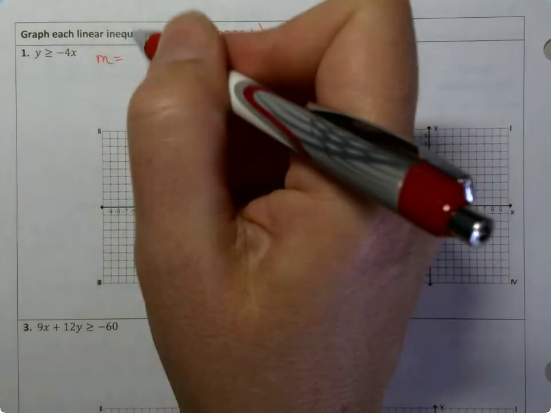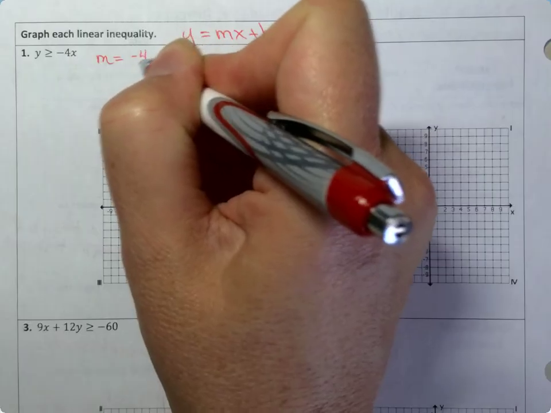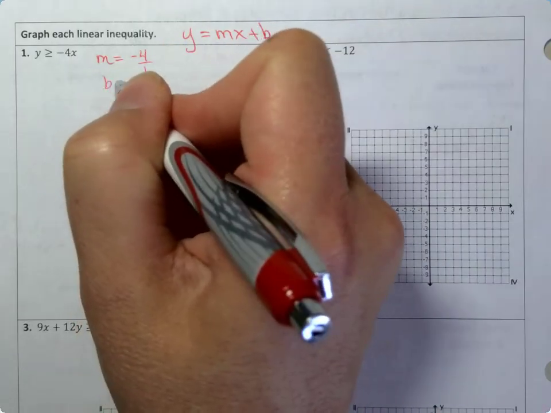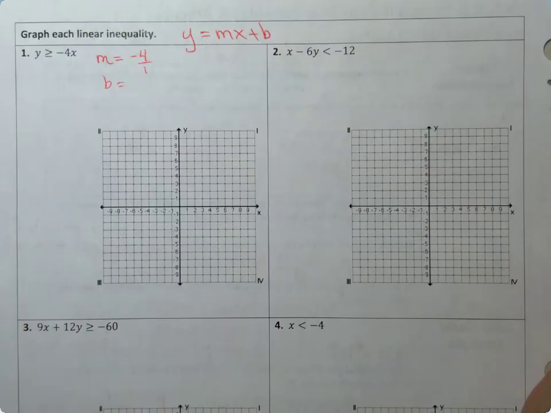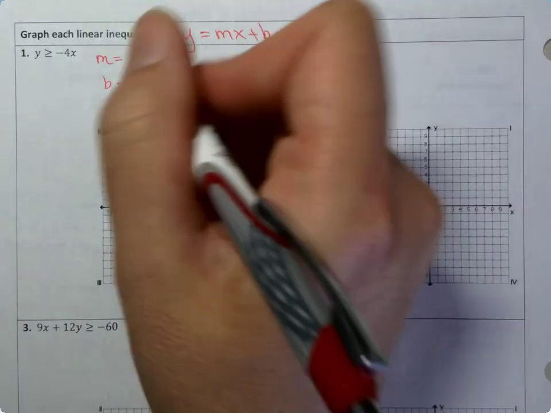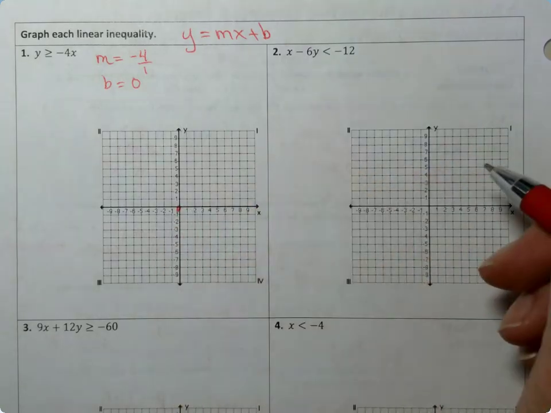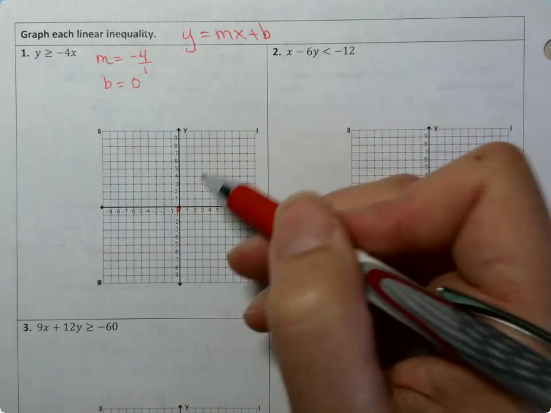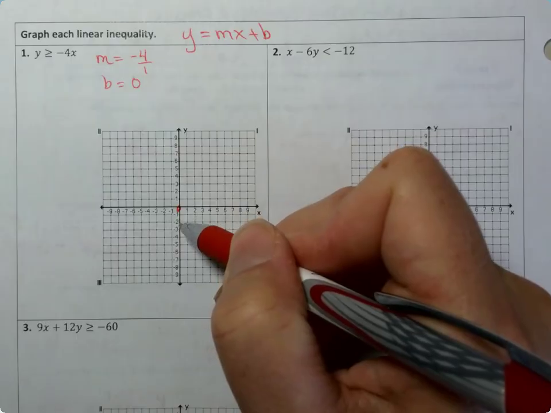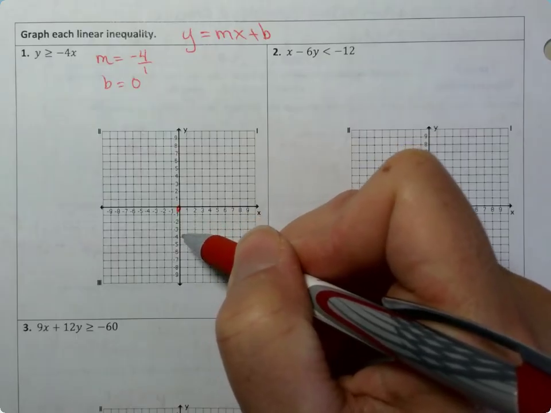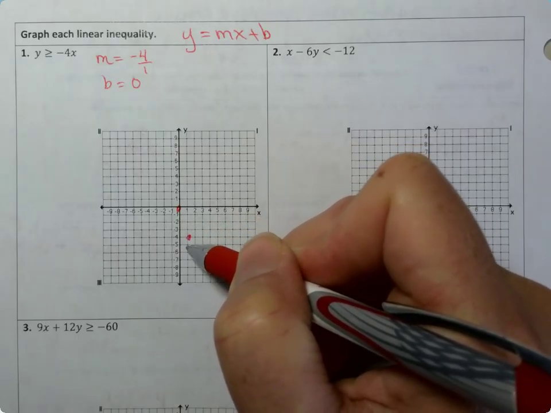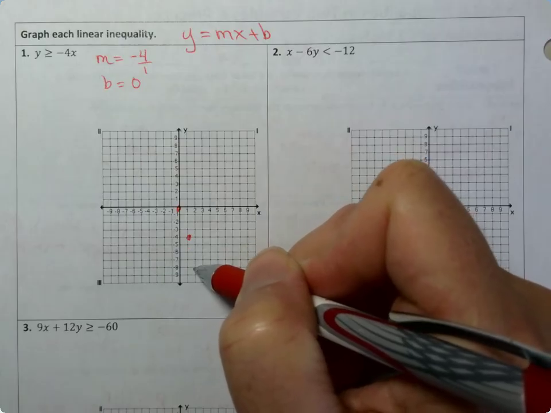Okay, so slope is -4 or -4/1. What's your y-intercept? And what number's added on? 0. Okay, so you're going to start on the y-axis at 0. I'm going to go down 4, 1, 2, 3, 4, and I'm going to go right 1. Down 1, 2, 3, 4, right 1.